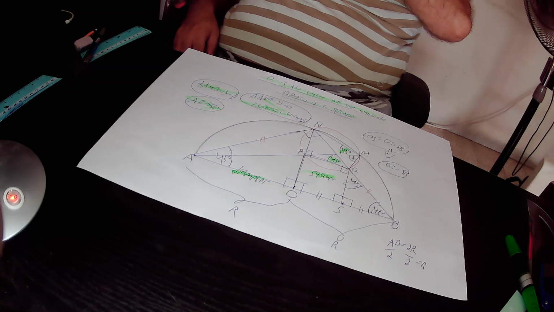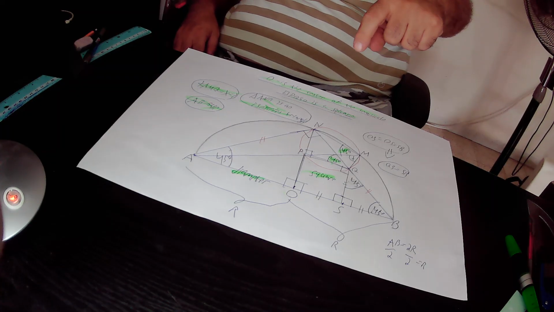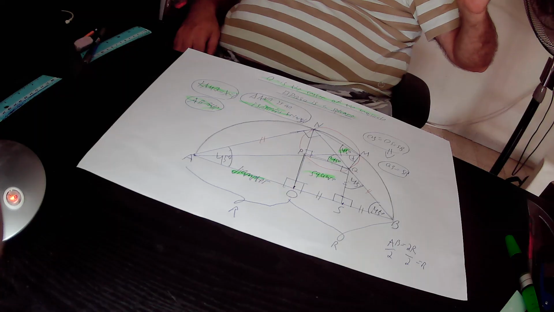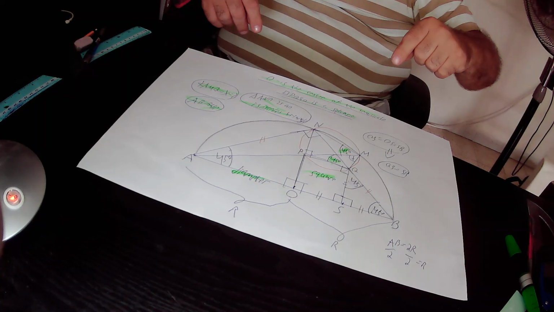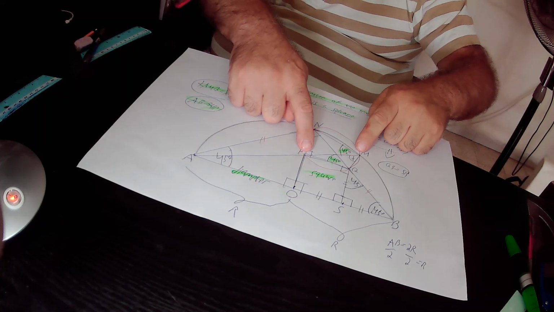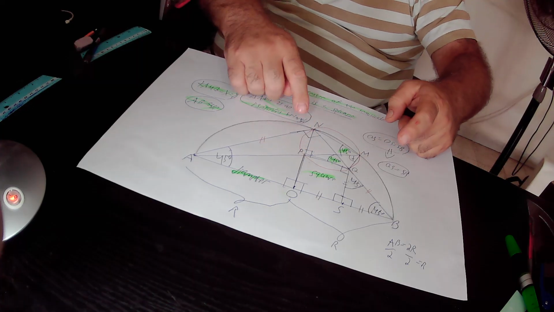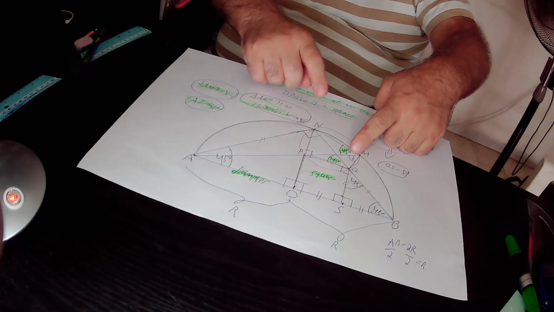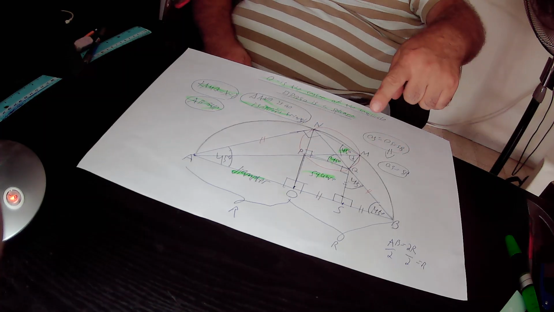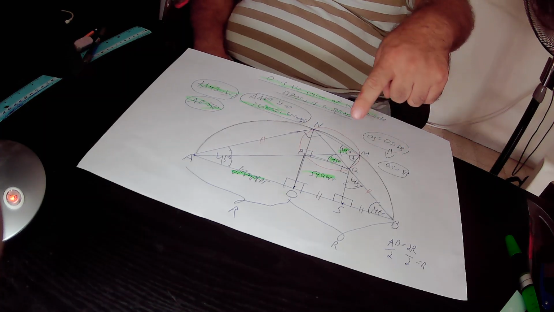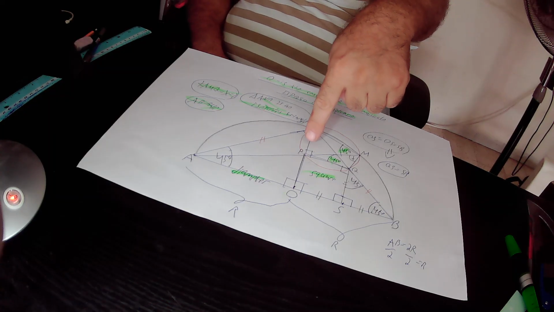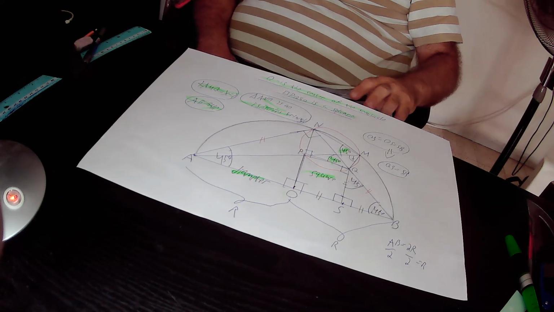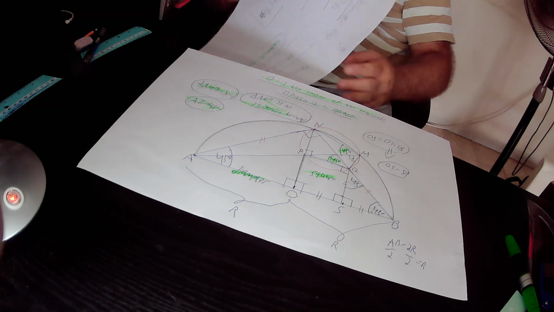Again, any cyclic quadrilateral, the sum of its 2 opposite angles must be equal to 180 degrees. So those 2 opposite angles in quadrilateral NMQP must be equal to 180 degrees in total. So this is angle NMQ plus angle NPQ. In total, the sum of those 2 angles must be equal to 180 degrees.